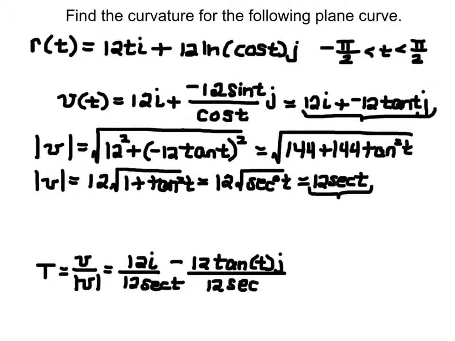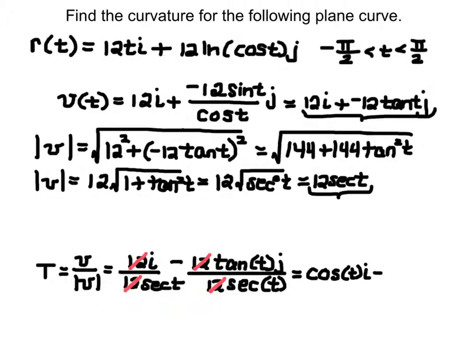And clearly we can see that the 12s will cancel out. So in the i direction, we have 1 over the secant, and the secant is 1 over cosine. So we have the cosine of t in the i direction minus, and now we have the tangent over the secant.